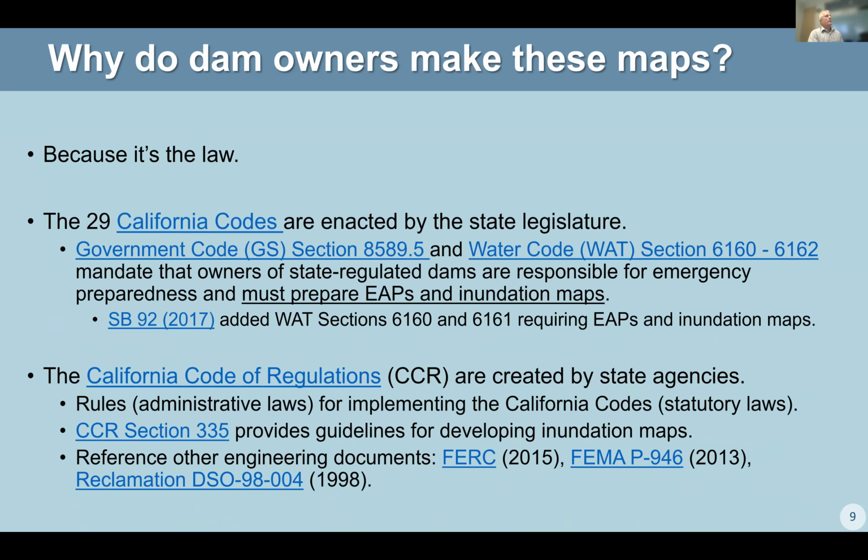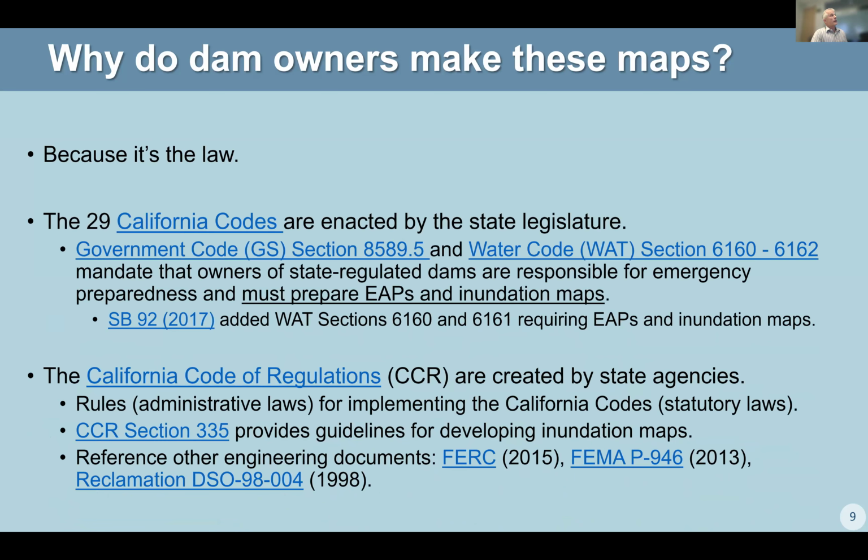I put this up here just for reference, but the way these laws get enacted is there's 24 California codes, they're called. So the Senate passes a bill. In this case, it's SB 92, which was passed in 2017. And that bill has language about emergency action plans and inundation maps in it.